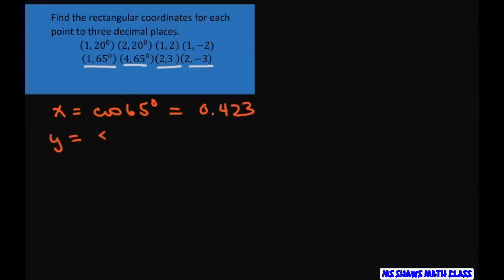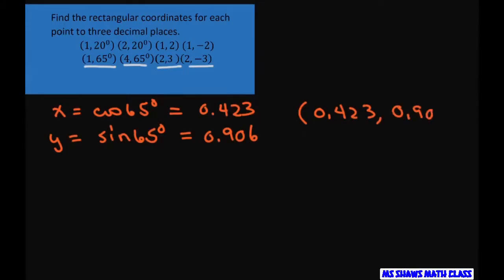Y equals sine of 65 degrees, and that gives you 0.906. So 0.423, 0.906.